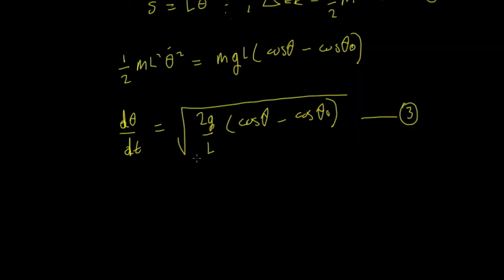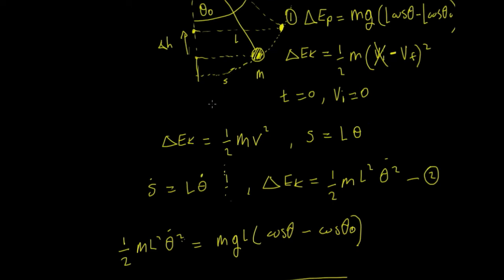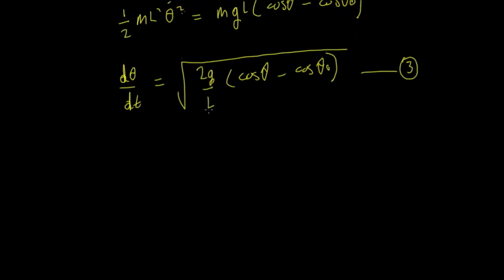Now what we're interested in is the period of the pendulum. So we're going to look at the period of the pendulum for some arbitrary starting point. In order to get that, we can rewrite that in terms of dt. We can find an infinitesimal change in time whenever the angle changes, and then we can integrate up all of the angles to give us the complete change in time.